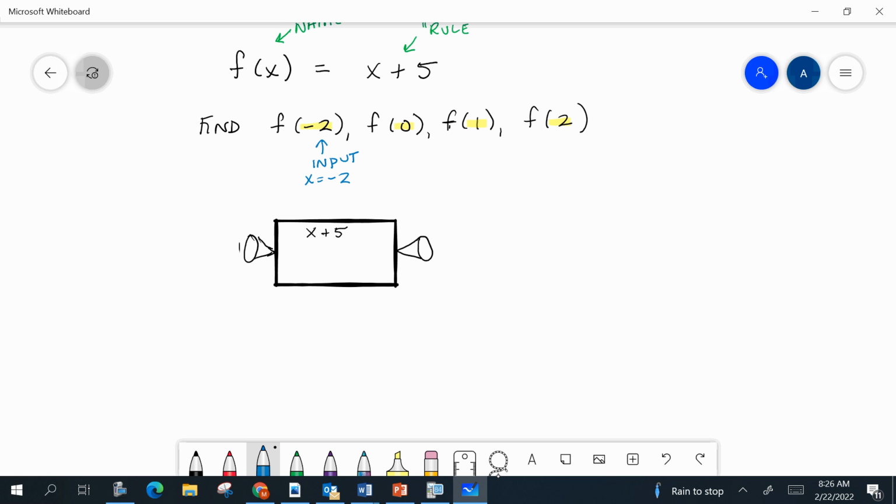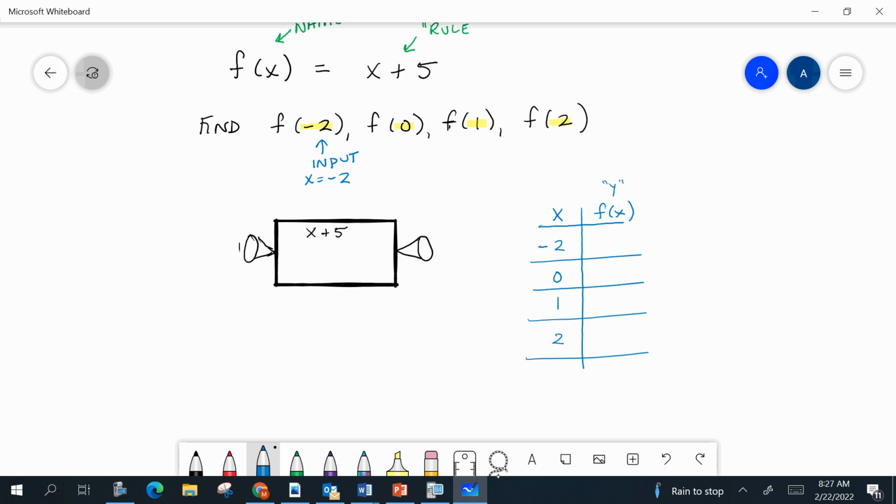So what I'm going to do here is keep track of this in a table. And so we're going to keep track of all our inputs right here, and the outputs are going to be the function values, which we can also think of as y values, okay? So we're going to input -2, we're going to input x equals 0, x equals 1, x equals 2. And that's what it's going to look like over here for our table.